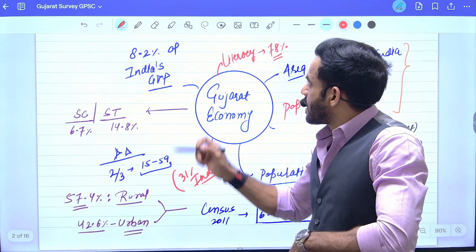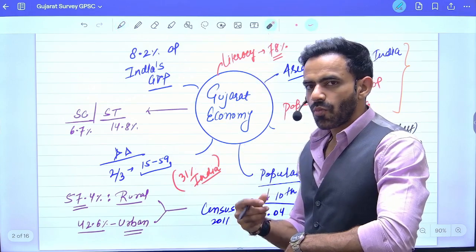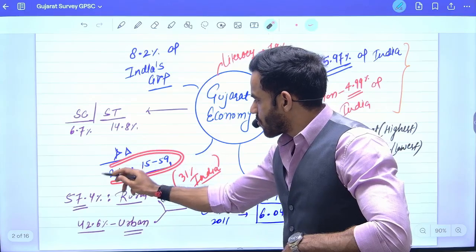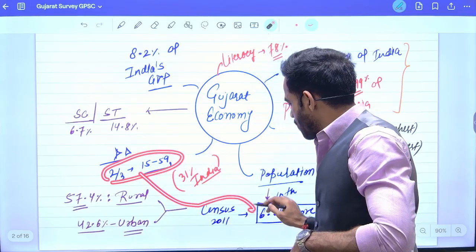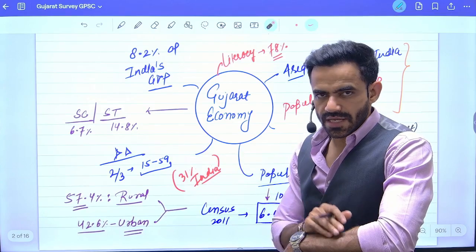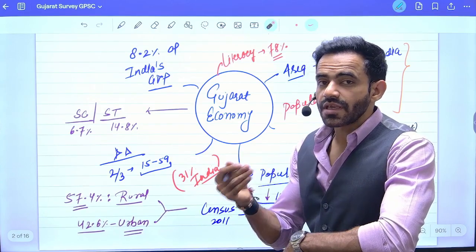Okay. Now coming to the population. So understand, two-third population of Gujarat, two-third of the 6 crore, is in the age of 15 to 59. That means it is in working age.